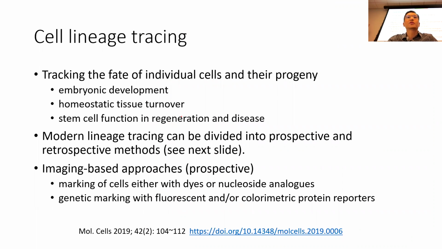Okay, so we move to trajectory analysis. This idea is from cell biologists, not limited to single cell data.